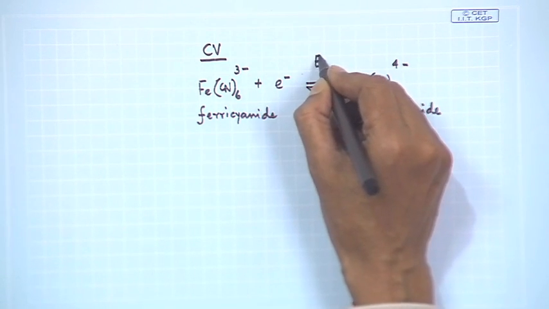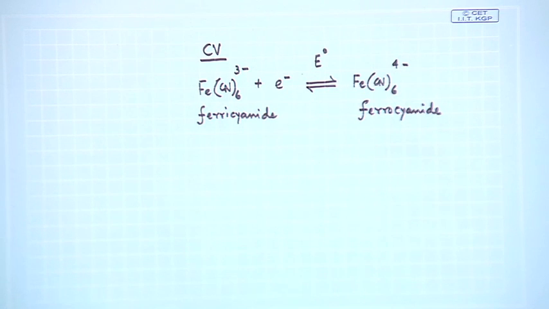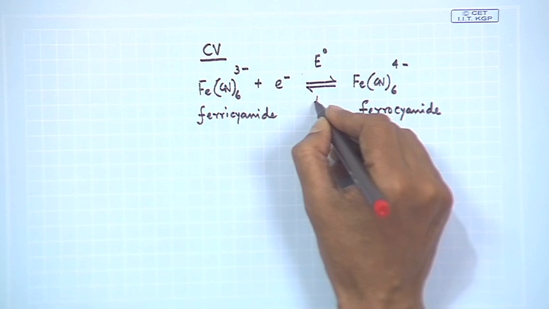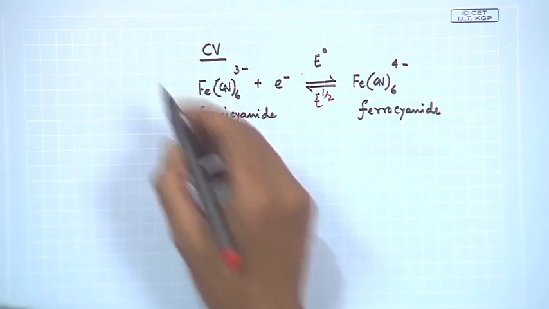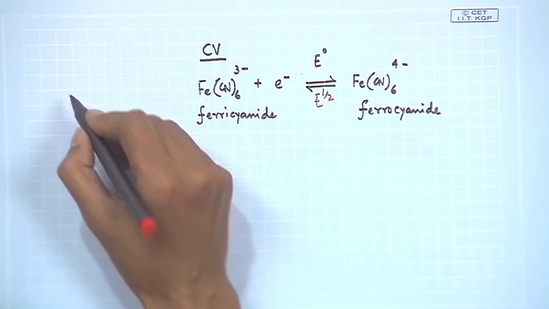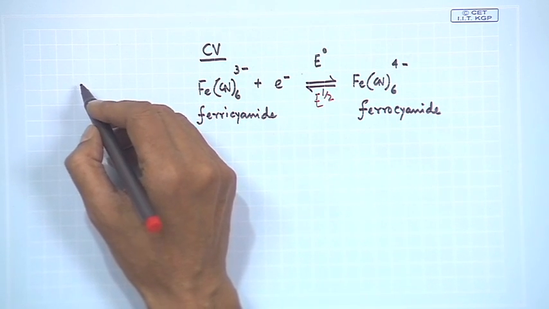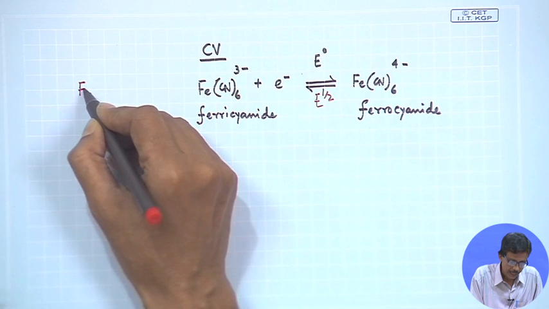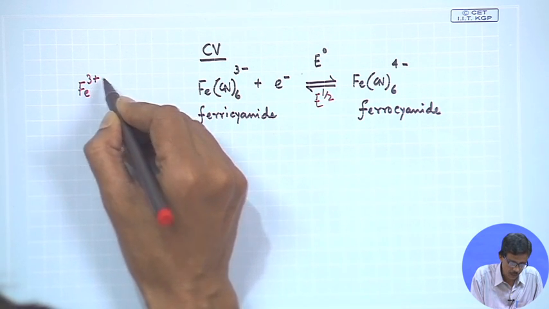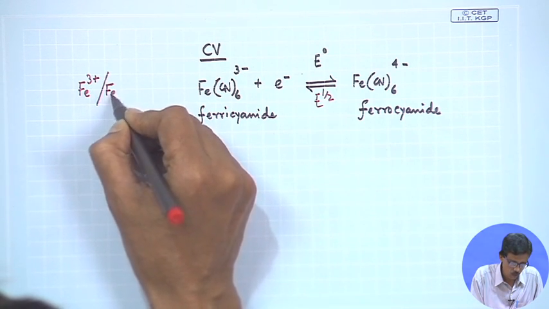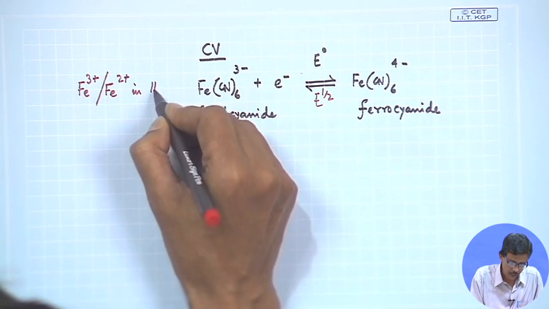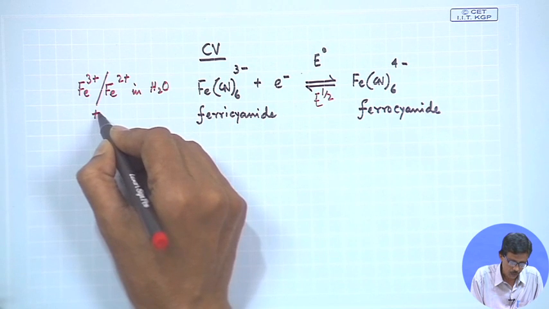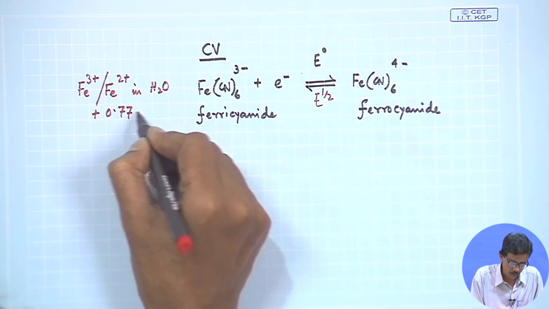What we want to look at now is the corresponding E0 value. What should its E0 value be? At one point we discussed this while talking about potentiometric measurements: the half cell potential for Fe3+/Fe2+ in aqueous solution was plus 0.77 volt.